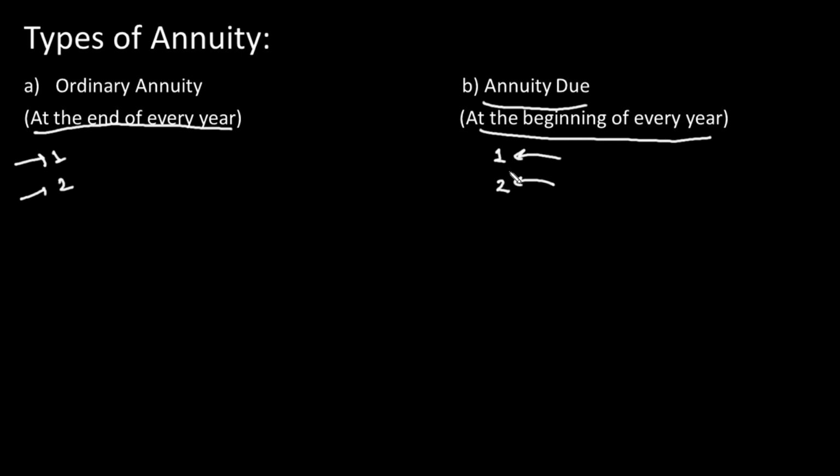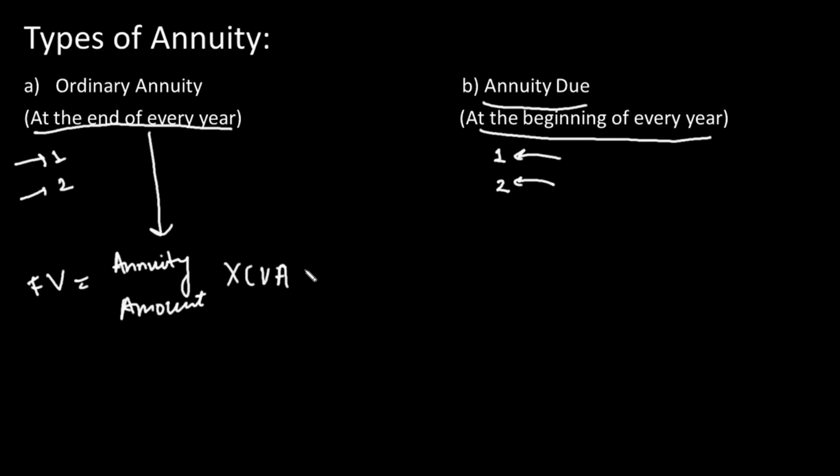So the formula for calculating future value is different for both of these. This one we see abhi, future value is equal to annuity amount into CVAF R and N.